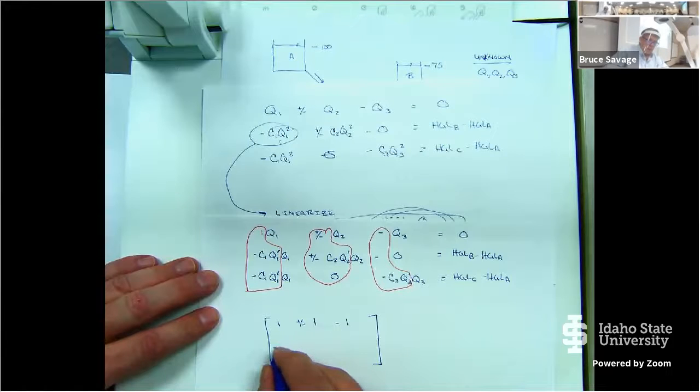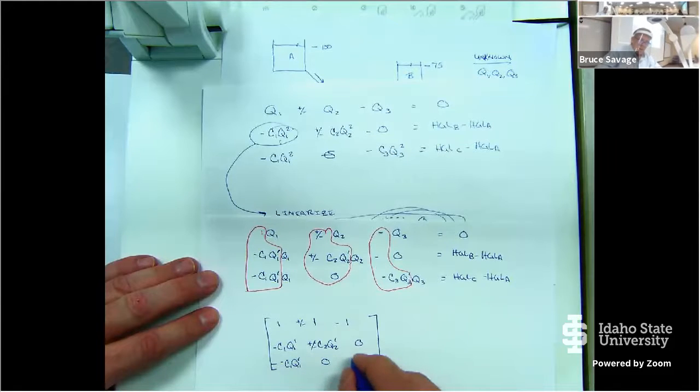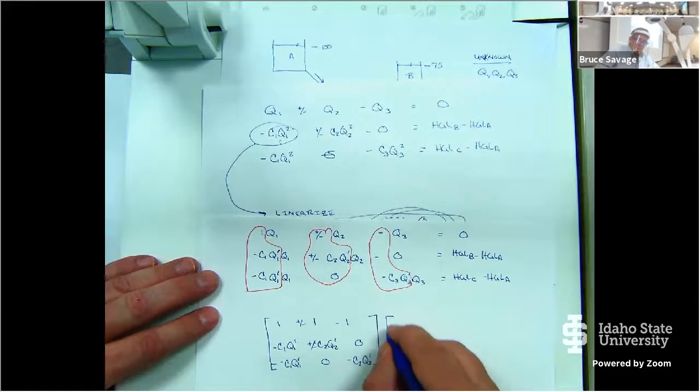And then down here, I'm going to get negative C1 times Q1 prime, negative plus or minus C2 times Q sub 2 prime, and 0, and negative C sub 1 times Q sub 1 prime, and 0, and negative C sub 3 times Q sub 3 prime.